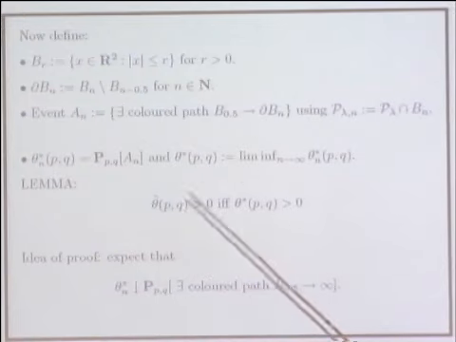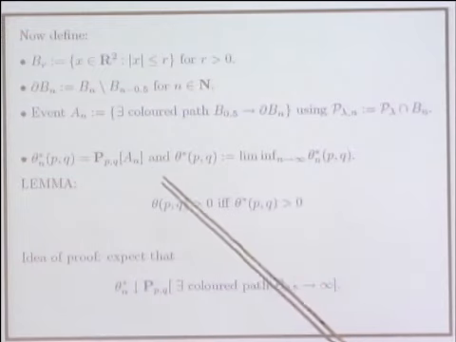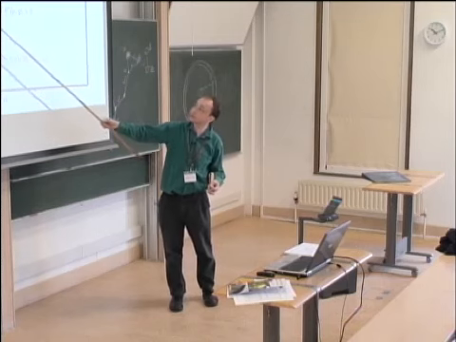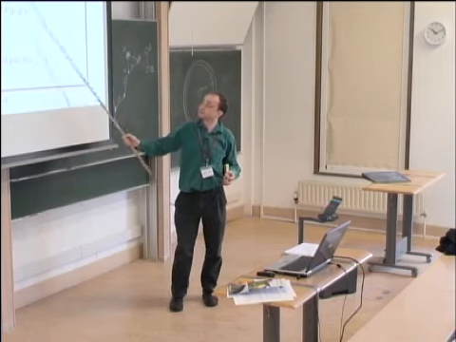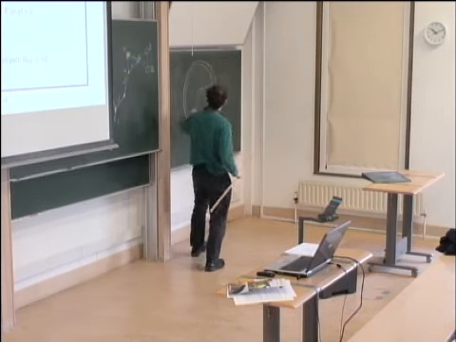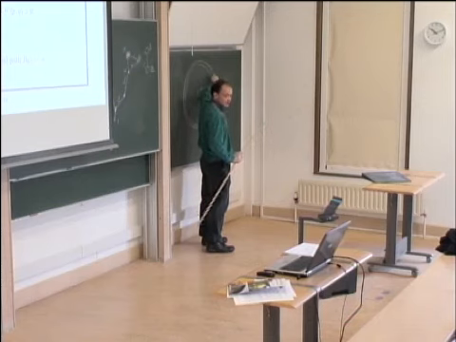So then there's a lemma that the enhanced site percolation process percolates if and only if the limit of this theta star is greater than 0, where theta star is the probability that there is this coloured path. And these things aren't exactly monotone, because of the possibility of enhancements from outside, or extra vertices appearing outside which weren't there before.